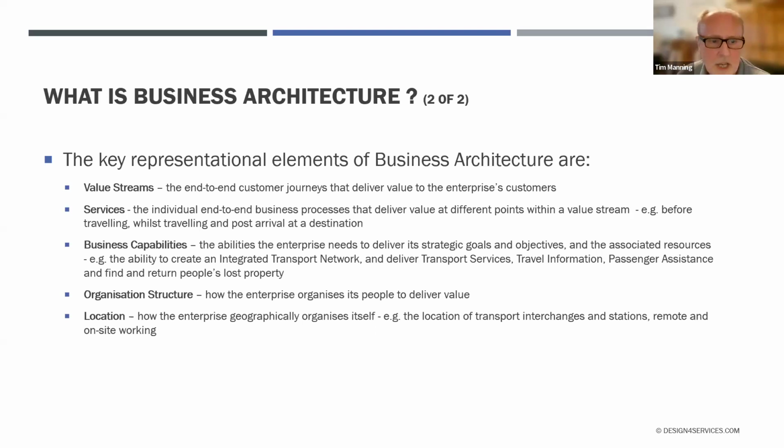And the final one is location, so where things are located geographically. So, for example, where we place bus stations, transport interchanges, whether people are working remote or on site or hybrid, so how people are working, where they are working, what facilities they need. So they're the main dimensions. There can be others, but they're the principal ones.